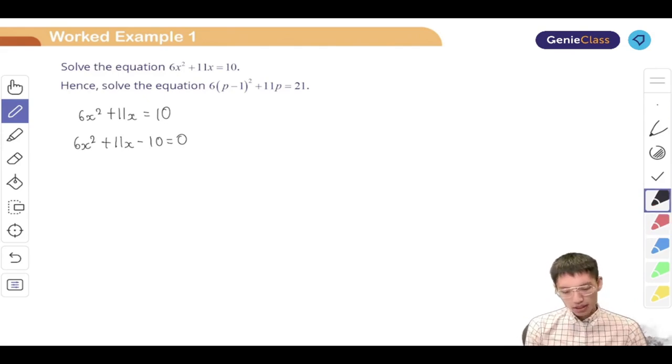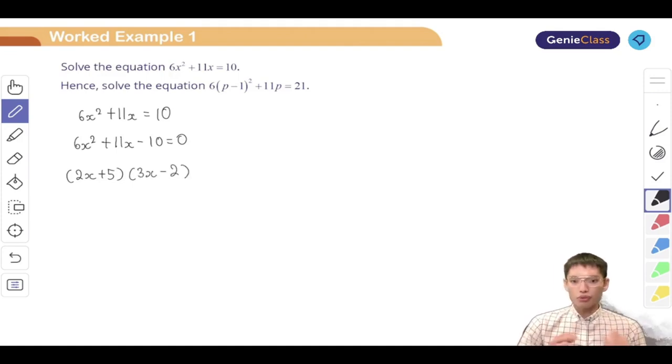Okay, then from here, let's take good note. Is this factorizable? So we try to use our factorization table and we do it. In this case, yes, we have 2x plus 5. This one I will just do it because I believe you all should be proficient in your factorization table by now. If not, you will need to revisit the Sec 2 video recordings on quadratic equations to familiarize how you do the factorization table.